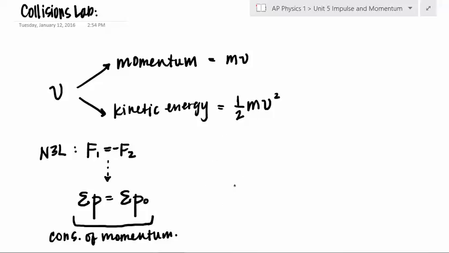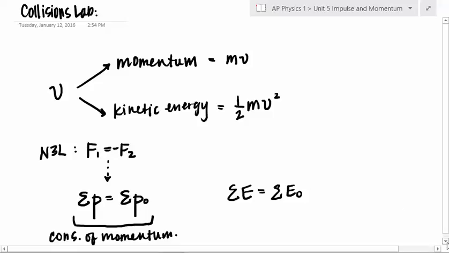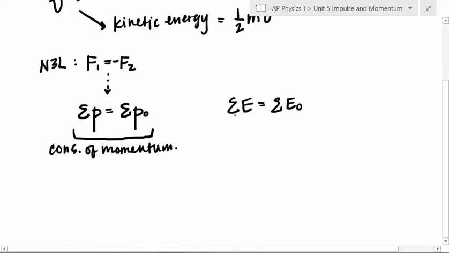So, the final energy a system has must equal the initial energy. Now, some energy can be transferred from the system to other objects or things, bodies. But this is the conservation of energy.